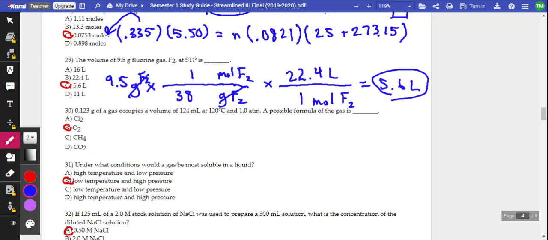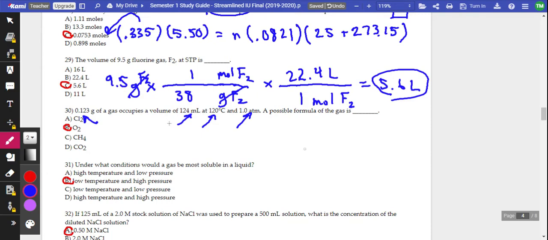Let's just deal with the information that we have. We have grams of a gas. We have milliliters. We have a temperature. We have a pressure. So really we have everything that we would need in order to plug in for PV equals nRT.